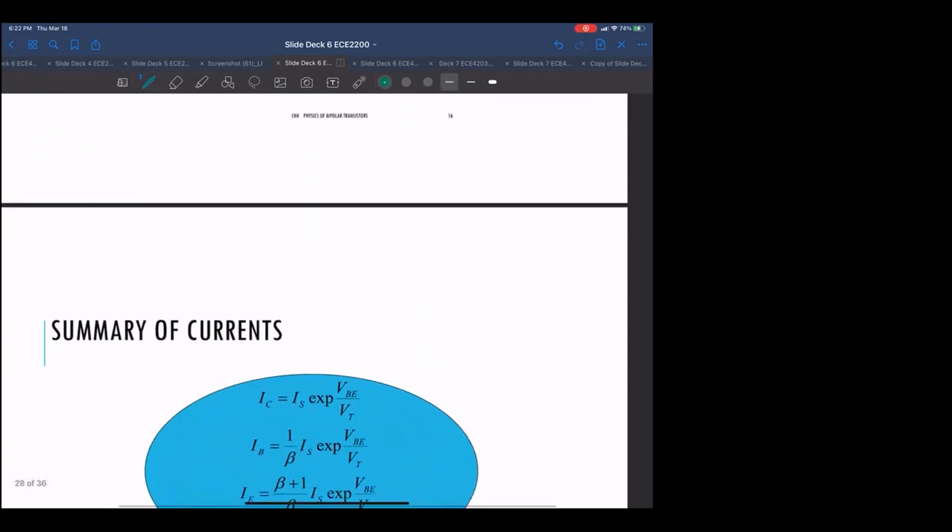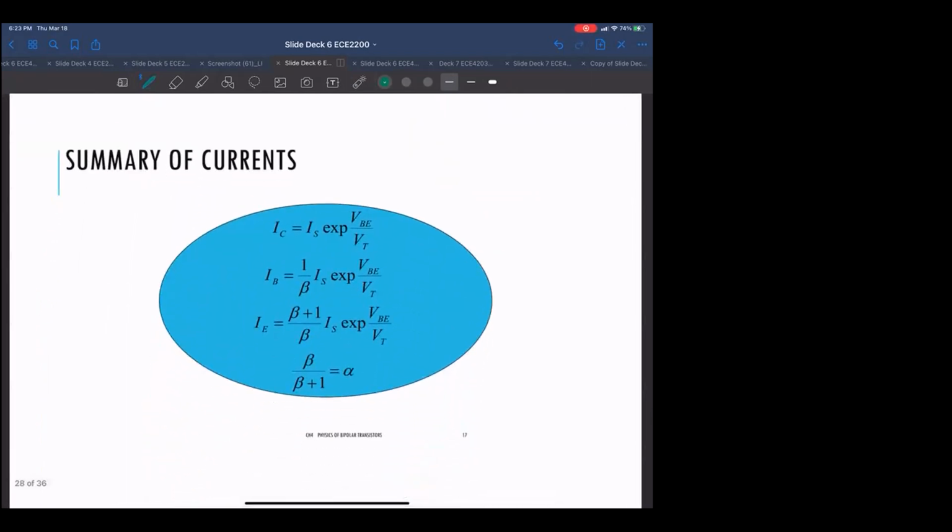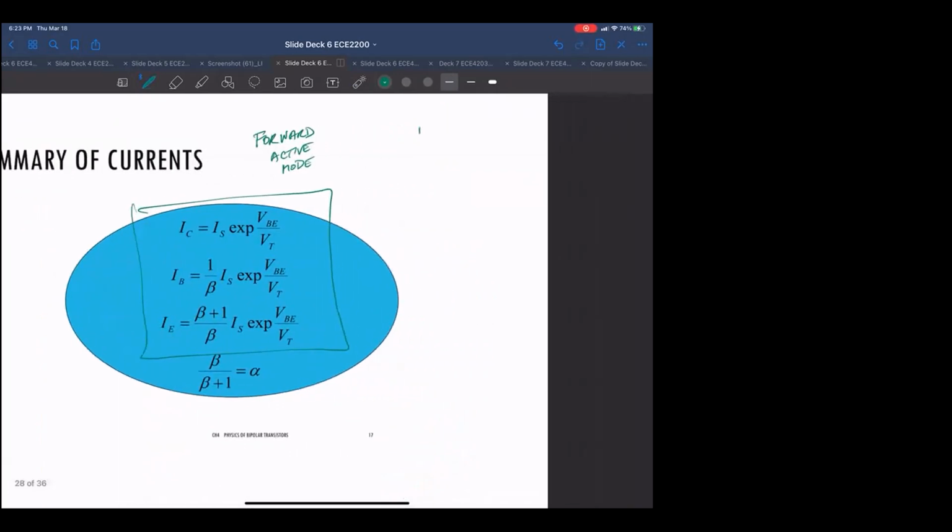Okay, so basically these are all the three currents, and the three equations that you kind of have to remember. This is all in forward active mode, which again means that the base emitter is forward biased, typically 0.8 volts, but basically forward biased.